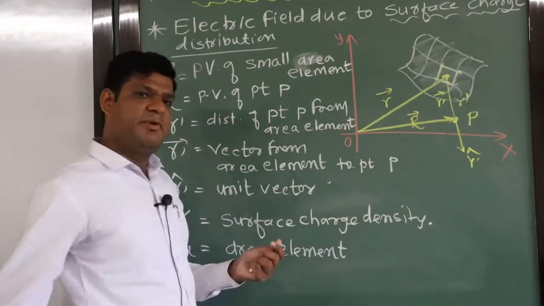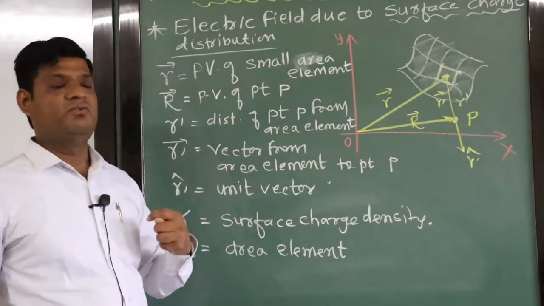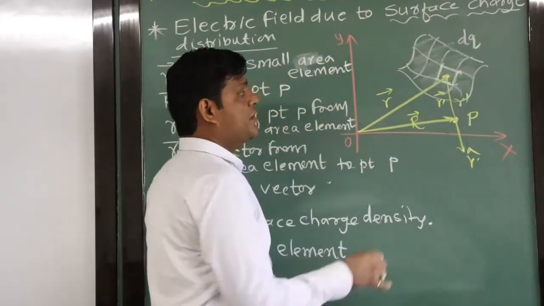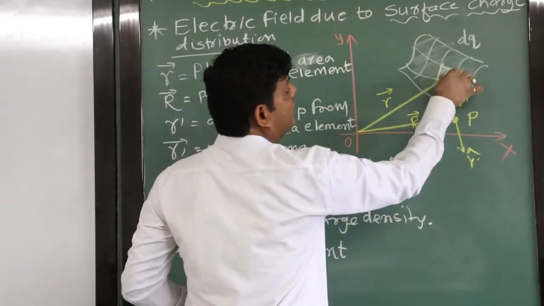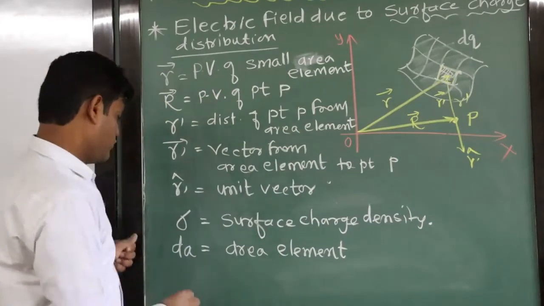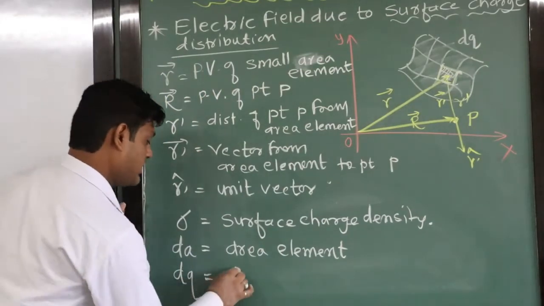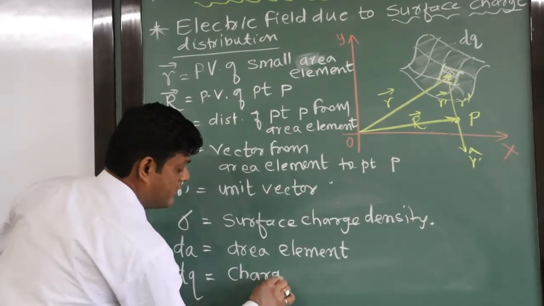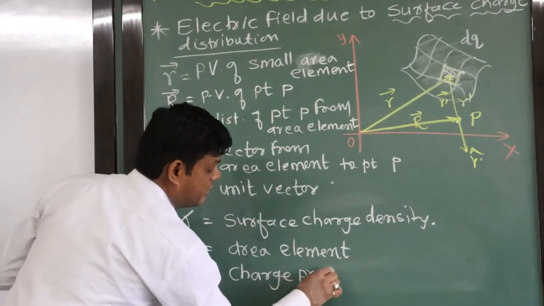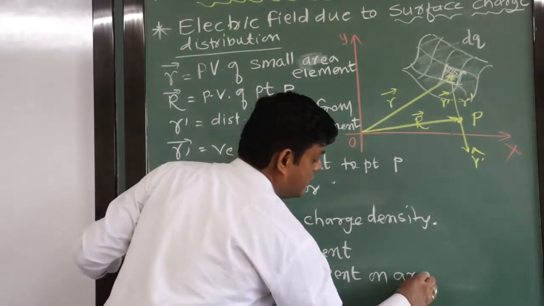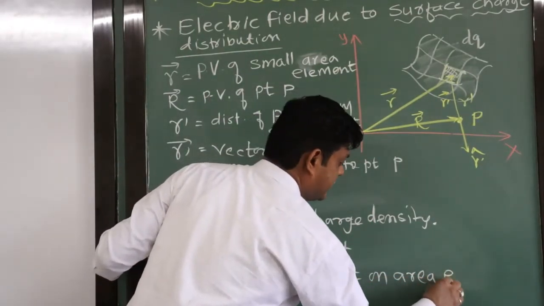What are the charges present on this element? That is dq. We are going to consider dq as the charge present on the small area element.